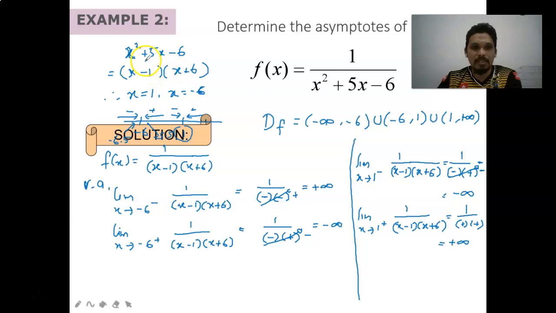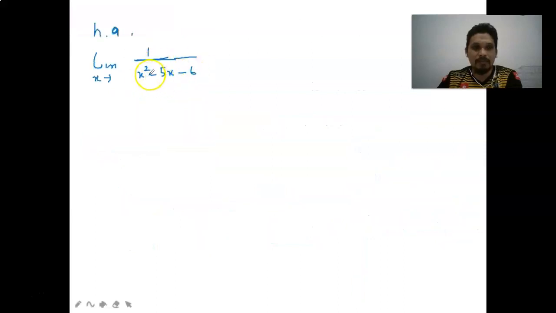We consider both positive and negative infinity, but because we have x squared here, if I choose x equal to 10 or negative 10, negative 10 squared equals 100, and 5 times negative 10 equals negative 50, minus 6 is negative 56. So 100 minus 56 is still a big value.